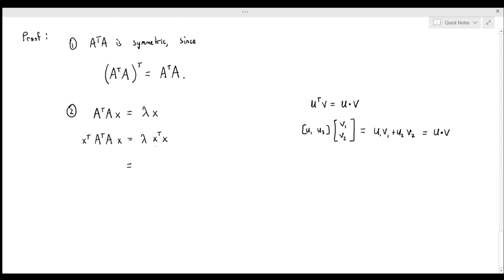All right, so in other words, what I have here is x dot product with itself. And when you have a vector dot product with itself, that gives you its length, or its norm, or its magnitude squared.